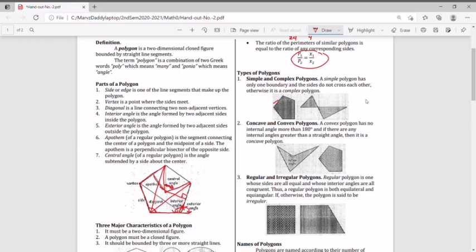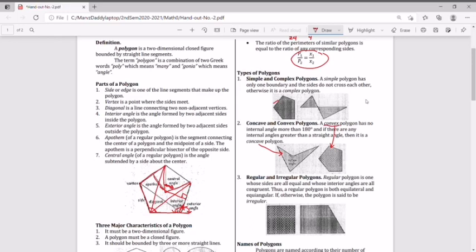A convex polygon has no internal angle more than 180 degrees, and if there are any internal angles greater than a straight line, then it is a concave polygon. This one is an example of a concave polygon. It has a reflex angle, an internal angle more than 180, more than a straight line. Then this is an example of a convex polygon.